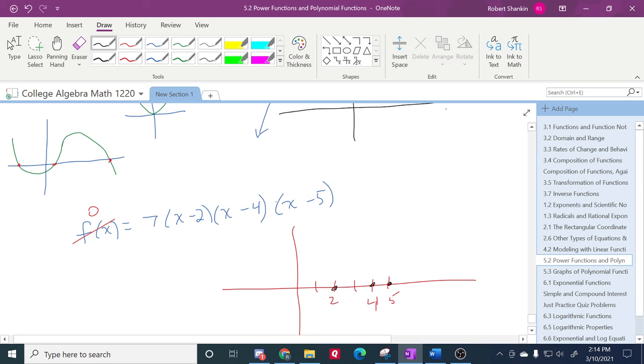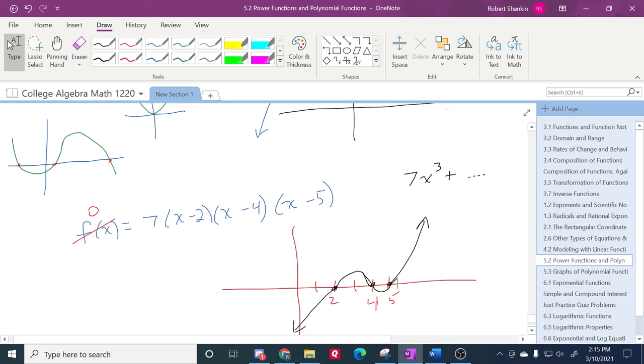If you FOILed this out, the leading term would be 7x cubed. And so on the far right, it goes up. On the far left, it goes down. Now, we can take that from the x-intercepts, and then we can say the graph looks something like this. We're starting to get a fair amount of information about polynomials now from the end behavior and the x-intercepts. That'll tell us quite a bit.